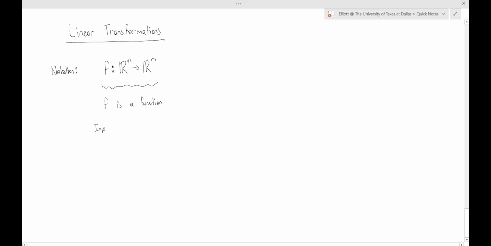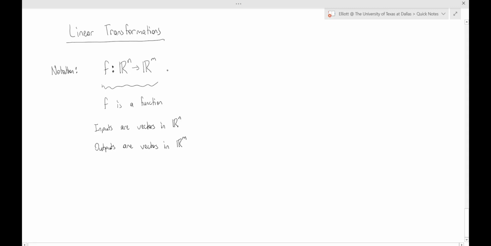Its inputs are vectors in Rn. So that's what the first Rn is telling us. And then this Rm over here is telling us the outputs. So the outputs would be vectors in Rm. In other words, the input will have n components and the output will have m components instead.